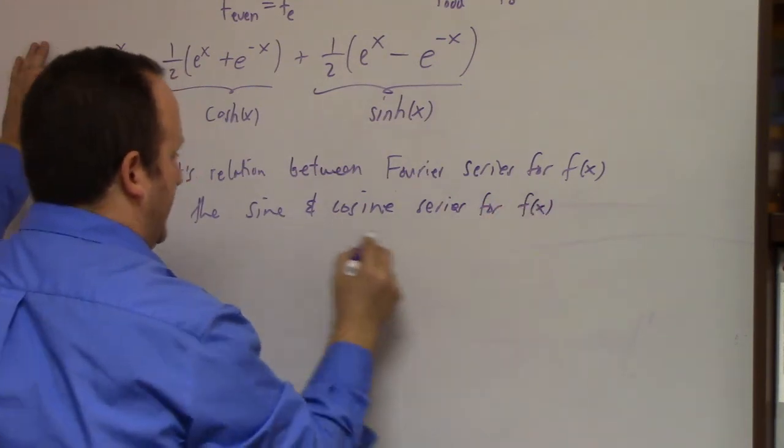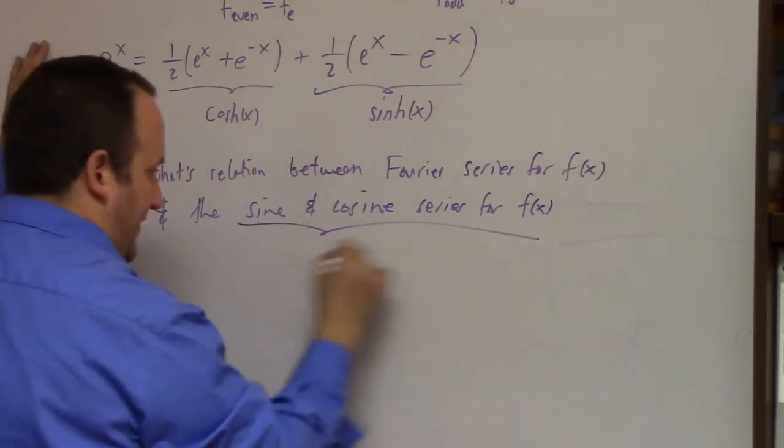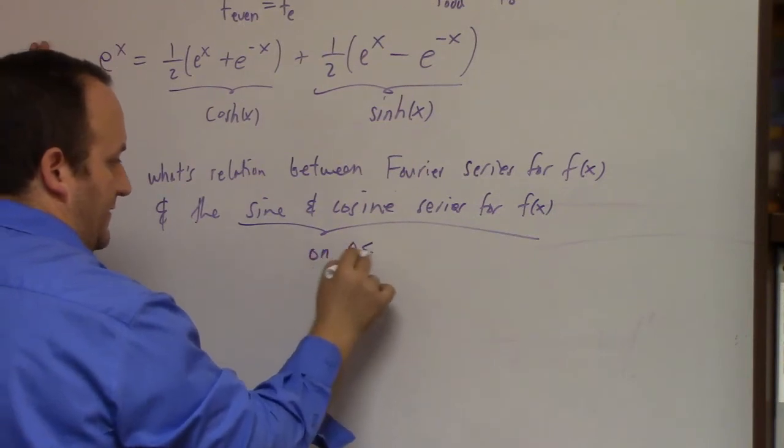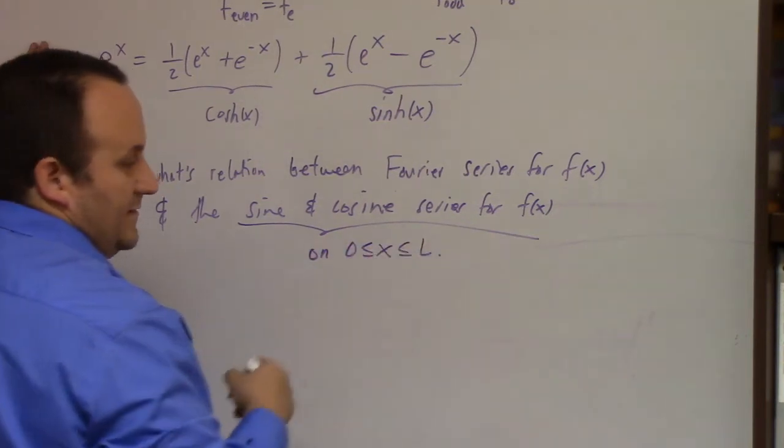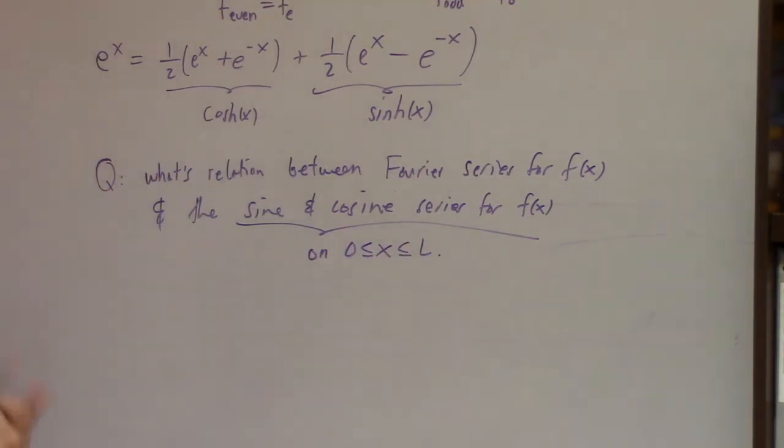And that of course is, by definition, on 0 less than or equal to x less than or equal to L. Basically the Fourier sine and cosine series are just based on the part of f which is from 0 to L.